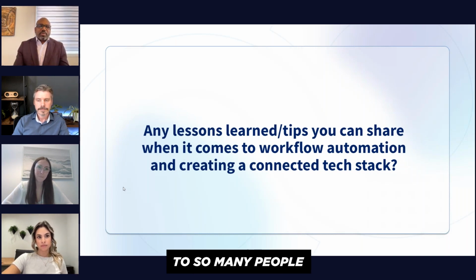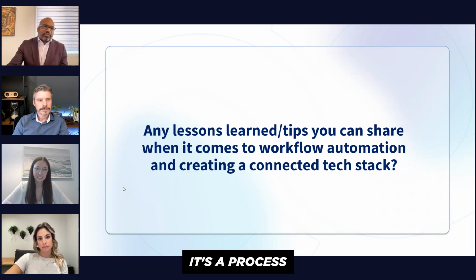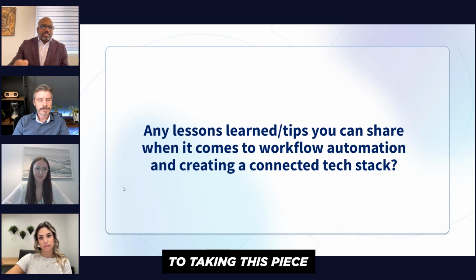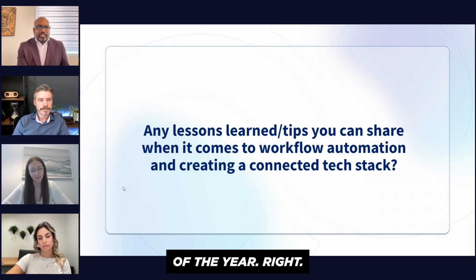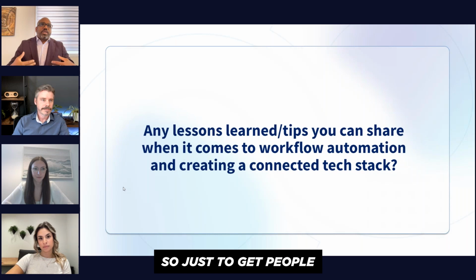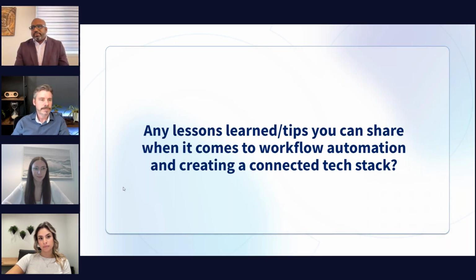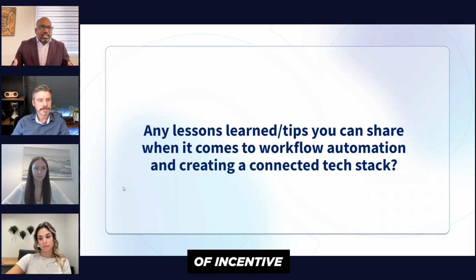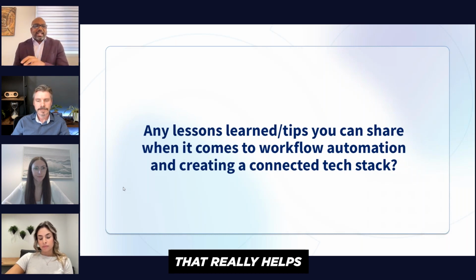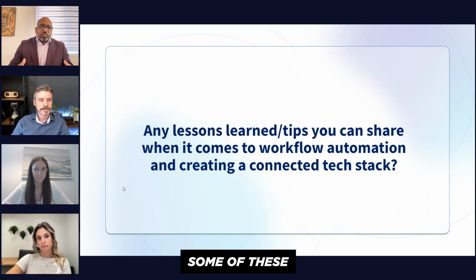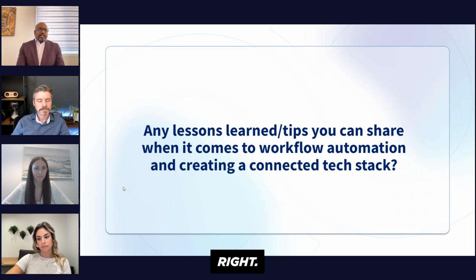I've talked to so many people, and they're accustomed to taking this piece of paper, filing it away, and sending it off to their accountant at the end of the year. So just to get people to change that process, have a plan in place, have some sort of incentive for them to feel good about that, have a great story to tell about that process. I think that really helps the people side of implementing some of these workflow automations, right?